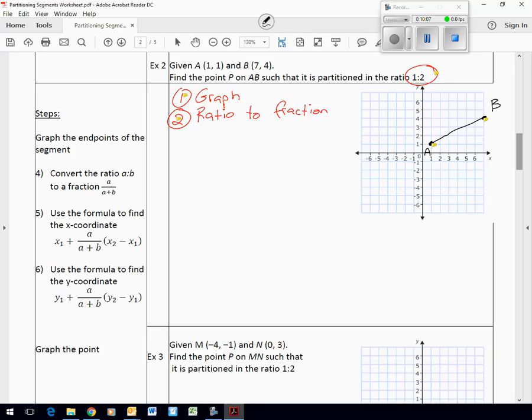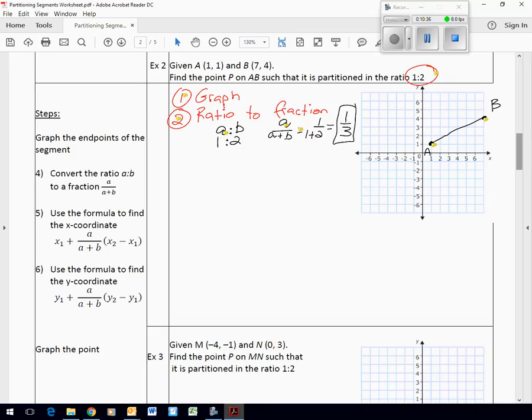B is 2, okay? So if I go from A to B, 1 to 2, it should be A over A plus B, correct? Well, remember, that's going to be 1 over 1 plus 2. What is 1 plus 2? So the fraction that's going into this particular problem is 1/3, okay?